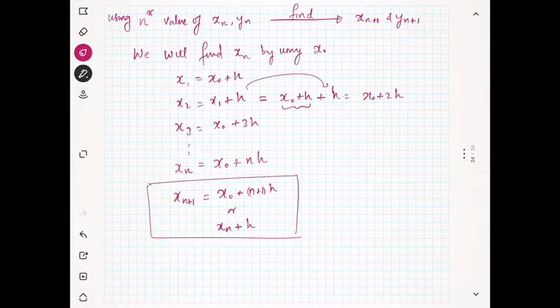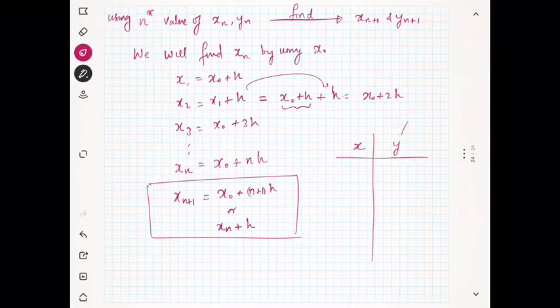Now for each value of x you will be finding y. That means you have x and you have y, because you are going to find this function y.